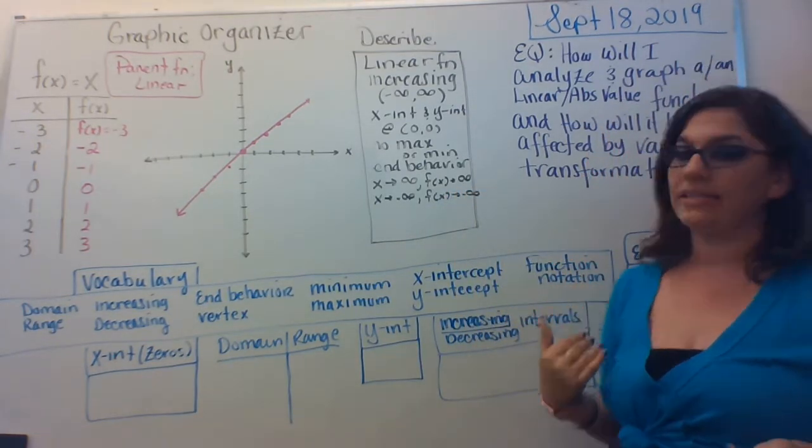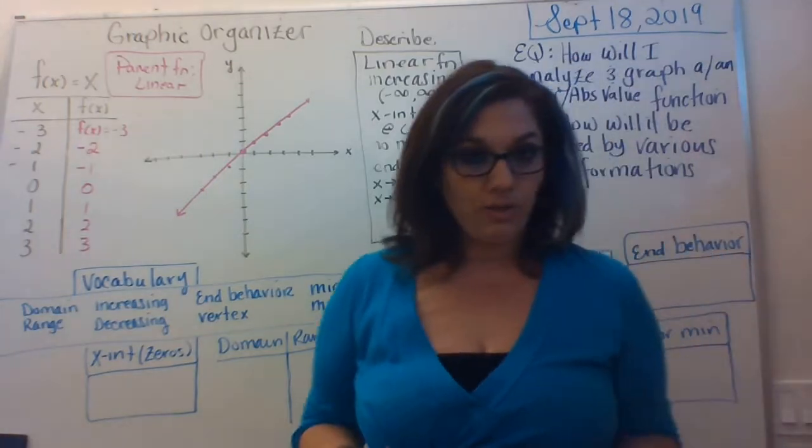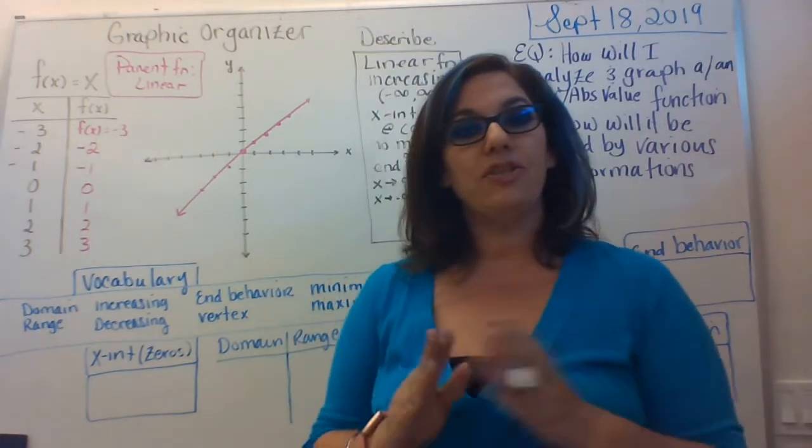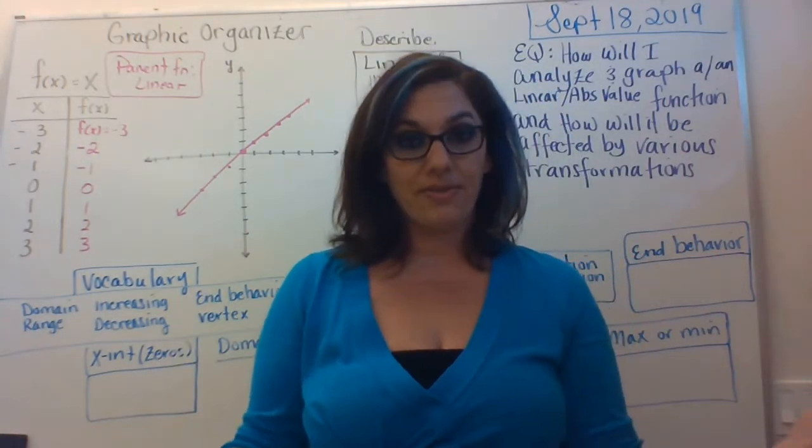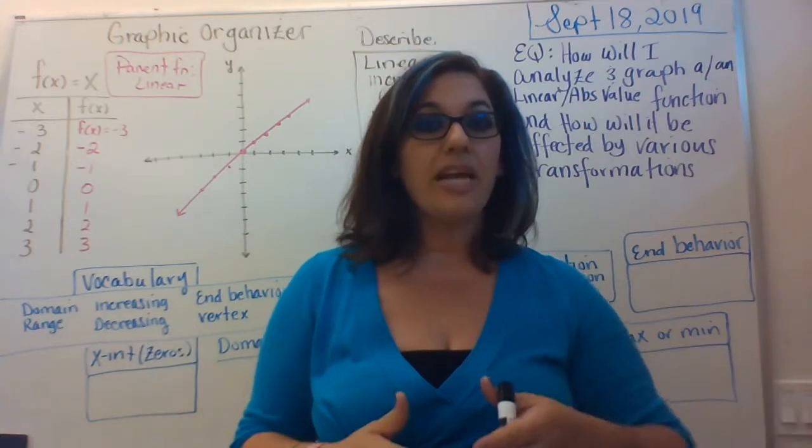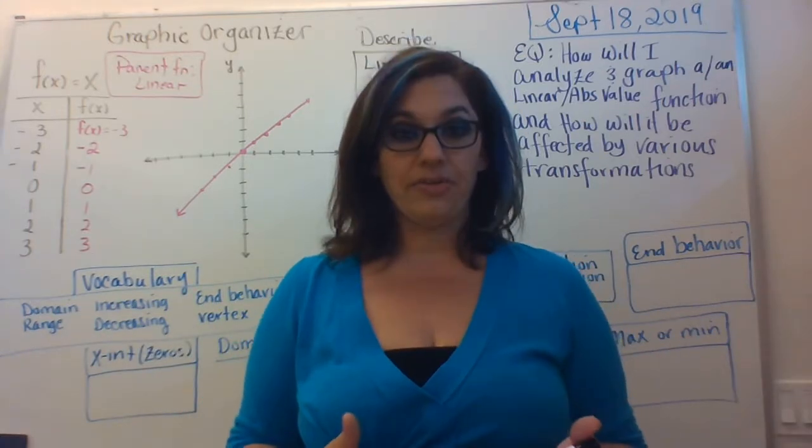And last but not least, we want to talk about domain and range. And the best thing I can say is domain is a list of all of your x values, all of them. The range is a list of all of your y values.